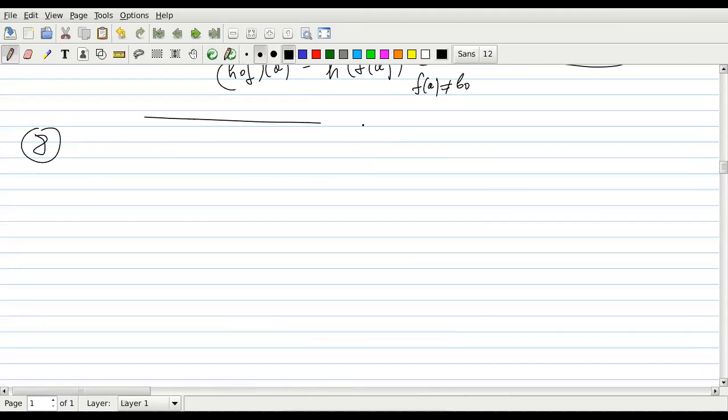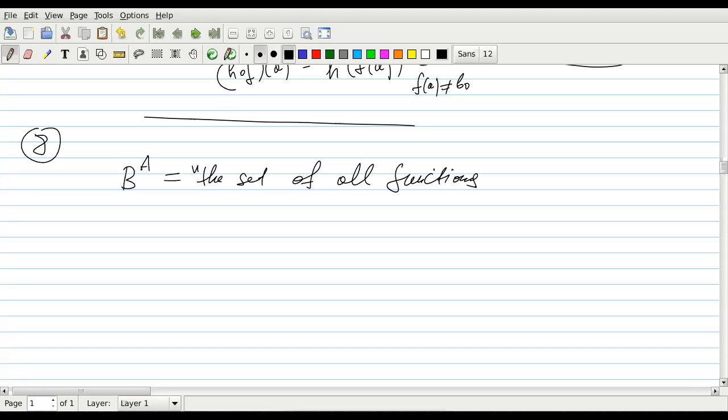First of all, let's recall the meaning of this symbol, b to the power a, where both b and a are some arbitrary sets. It is the set of all functions. Informally, this is the set of all functions from A to B.